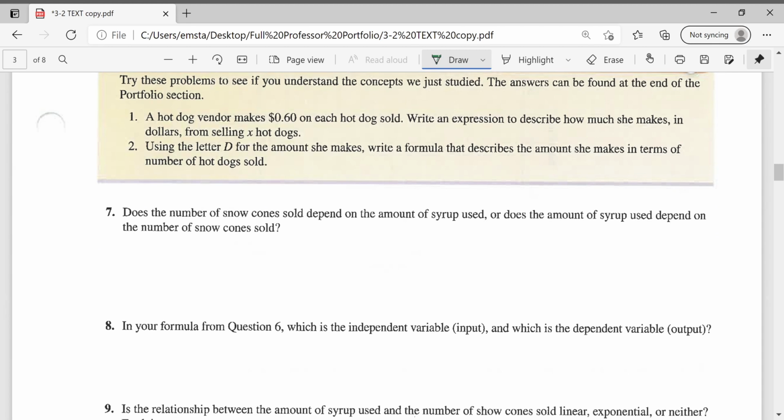Seven goes back to this idea of dependent and independent that we've looked at before. 7 asks, does the number of snow cones sold depend on the amount of syrup, or does the amount of syrup depend on the number of snow cones?